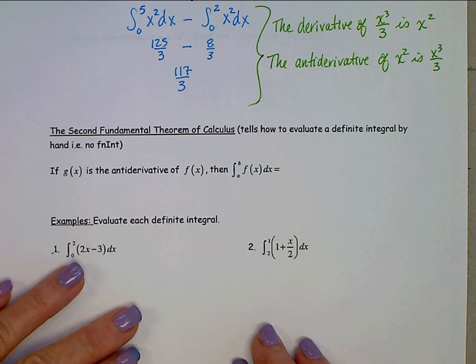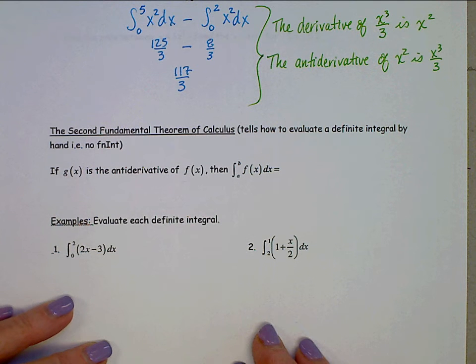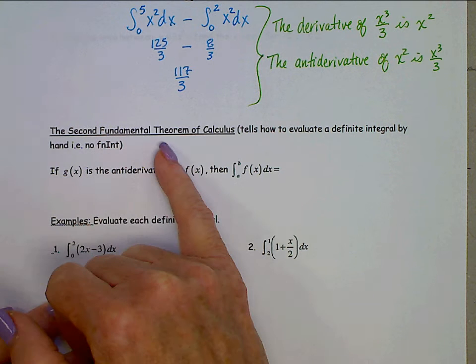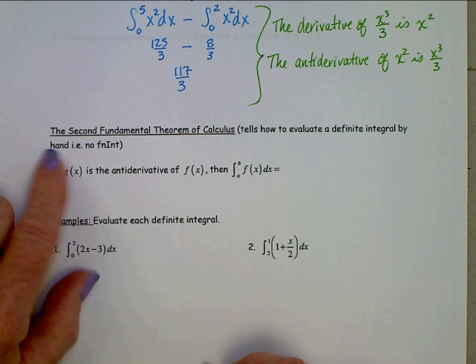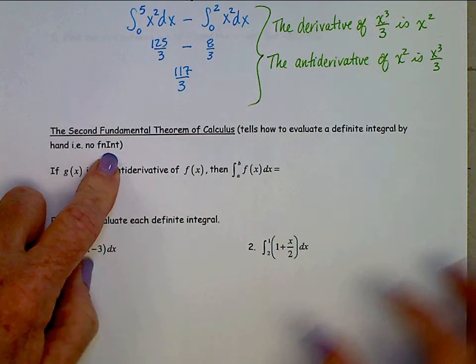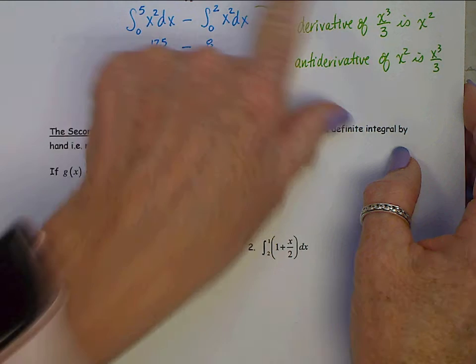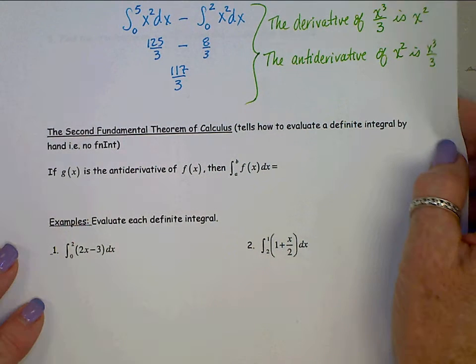There is a first fundamental theorem of calculus, and we are going to do that after we do this second fundamental theorem. And this second fundamental theorem tells how to evaluate a definite integral by hand, i.e. no FNINT. So you'll be able to do these things now without your calculator.